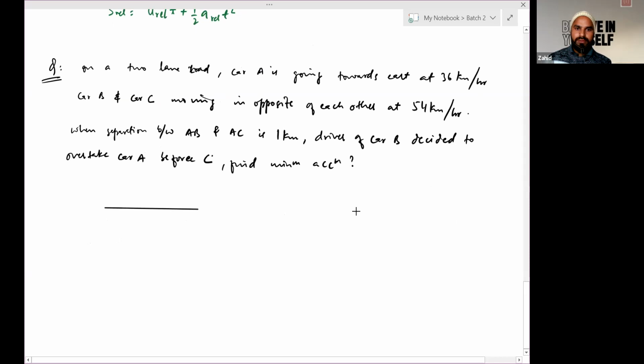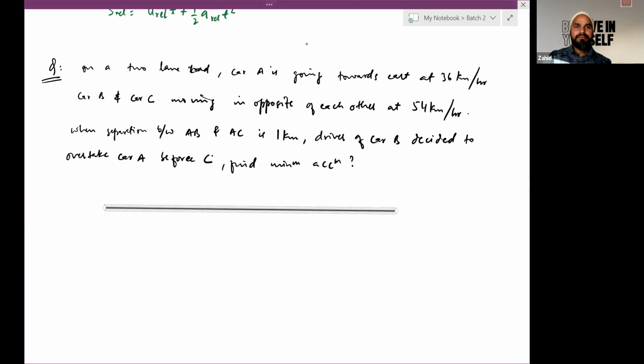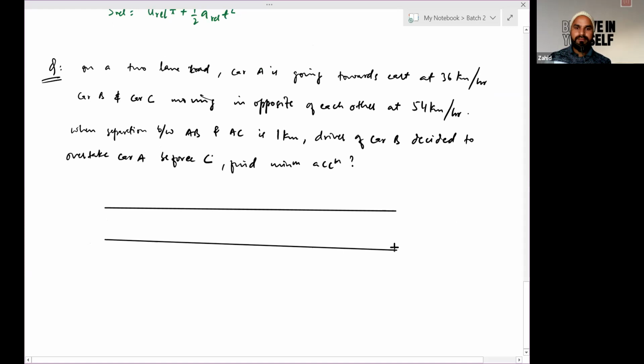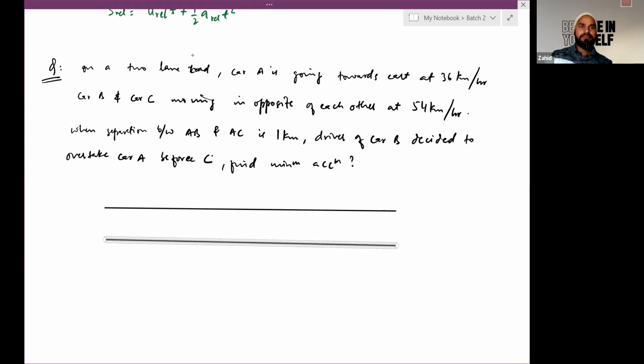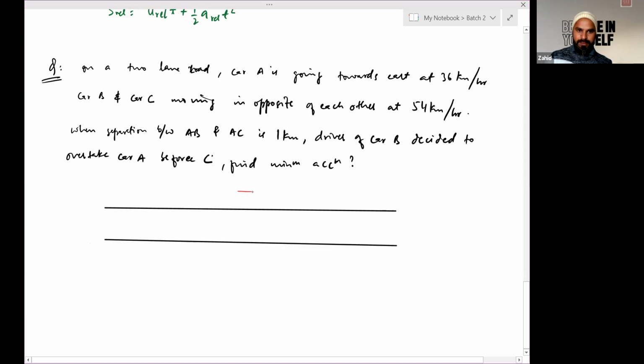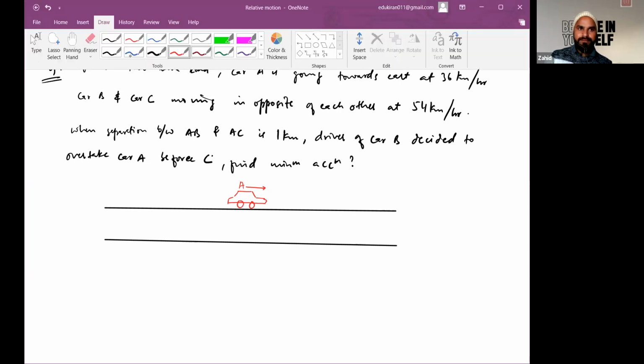Suppose this is your 2-lane road, first lane, second lane. There is a car A at this point, which is going towards east at 36 km per hour. Two cars, B and C, moving in opposite directions.